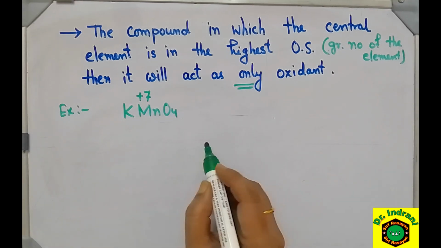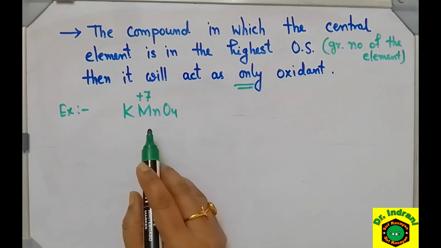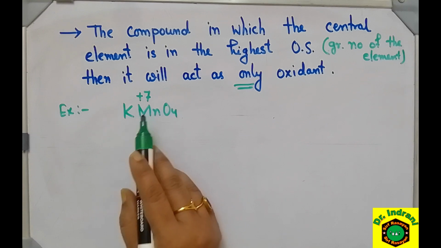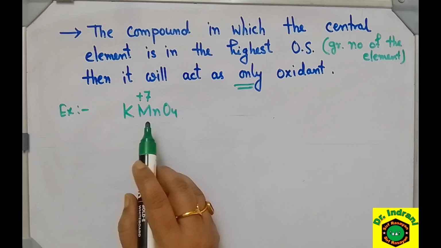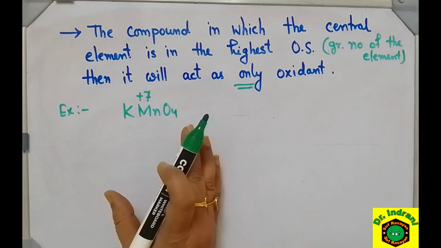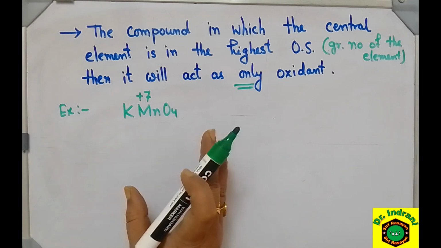Manganese is a group 7A element. So for group 7, highest oxidation state is the group number only. So highest oxidation state is +7 and manganese is in +7 here. So it can act as only oxidant. It can oxidize others and itself it will be reduced.